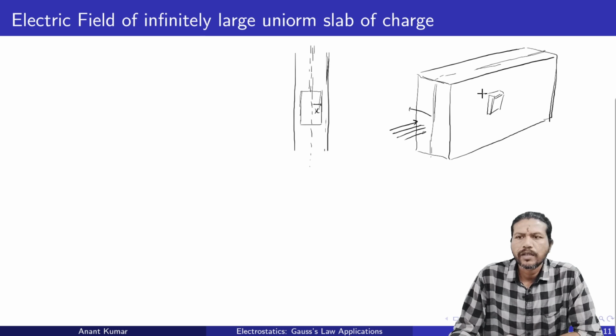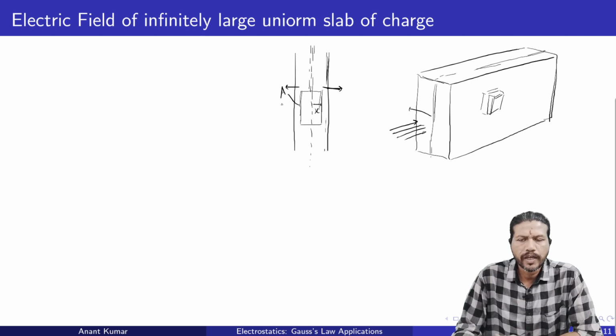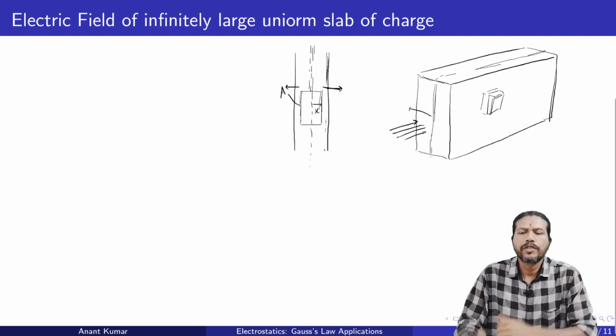So the area is actually this face and the length is twice x. The electric field will be pointing this way, assuming positive, and this way again. For negative, it will be pointing in the opposite direction.